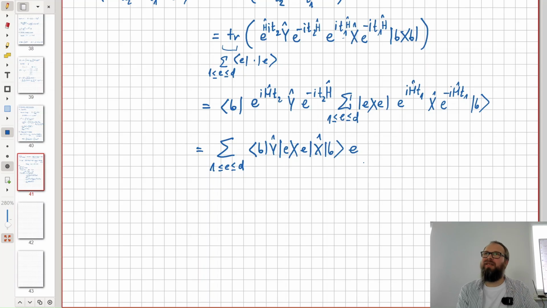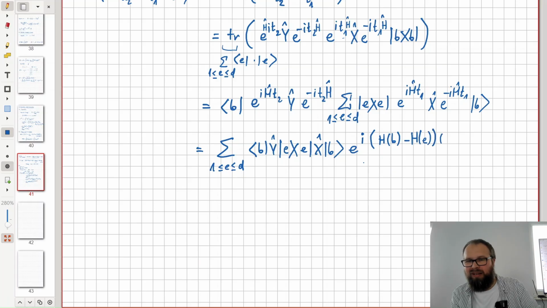So we turn all the evolution operators into numbers, and those numbers nicely collect into the following expression, t2 minus t1, which is the frequency omega_BE.